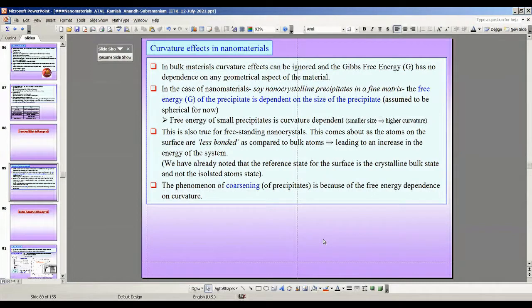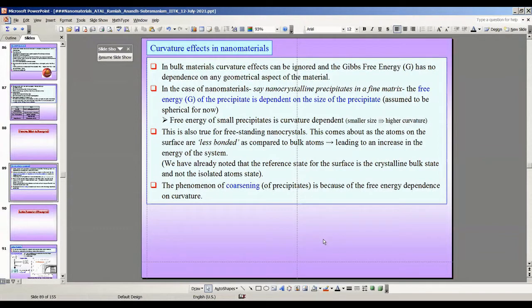Next, let me talk about curvature effects in nanoparticles and what effect they can have, for instance, on the lattice parameter. Because now you're not talking about a bulk material, you are going to be talking about an altered Gibbs free energy, which comes from the fact that these particles have a very curved surface, right? The radius of curvature is small.